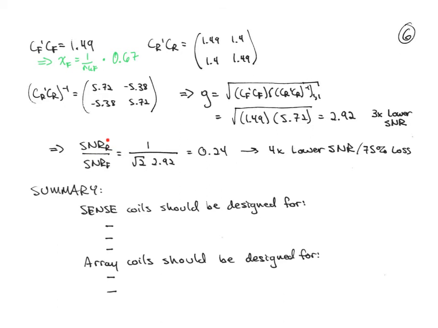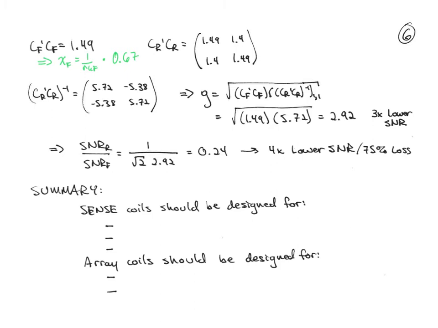If we take the ratio of the accelerated scan's SNR to the fully sampled scan's SNR, we have 1 over root 2, which is the scan acceleration factor, and also multiplied by 1 over 2.92, which gives overall a factor of 0.24, or 4 times lower SNR, a 75% SNR loss compared to the fully sampled acquisition.